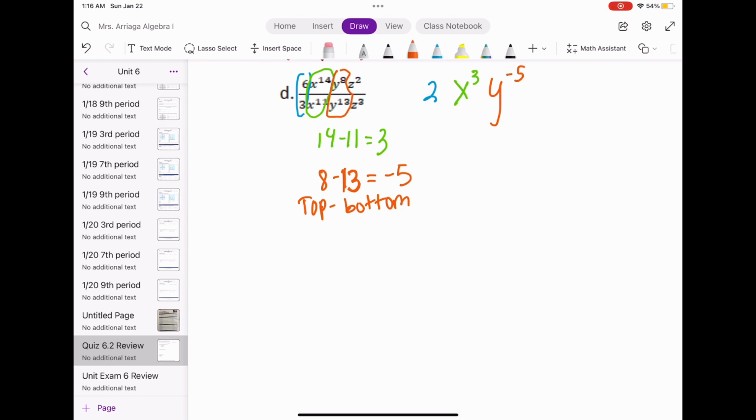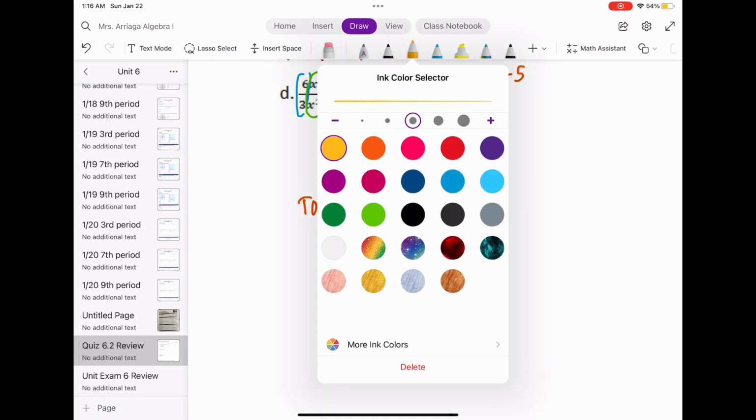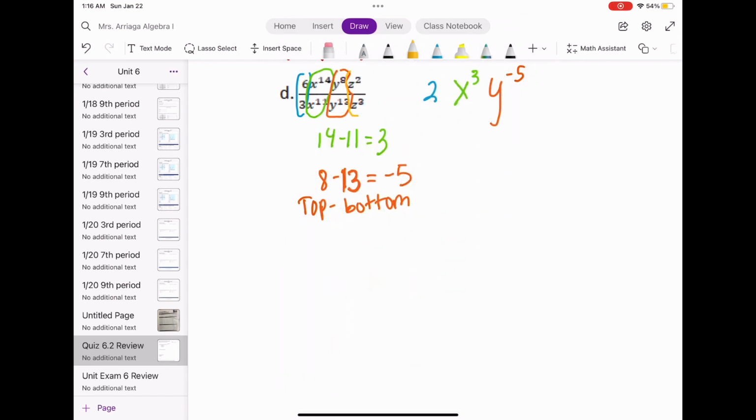Okay? And then finally, let's work on those z's. z to the 2 over z to the 3. We keep the z and we subtract the exponents. 2 minus 3 equals negative 1. So we just write negative 1. And that's it. There's nothing else to combine. There are no more x's, there are no more y's or z's. So, are we done?